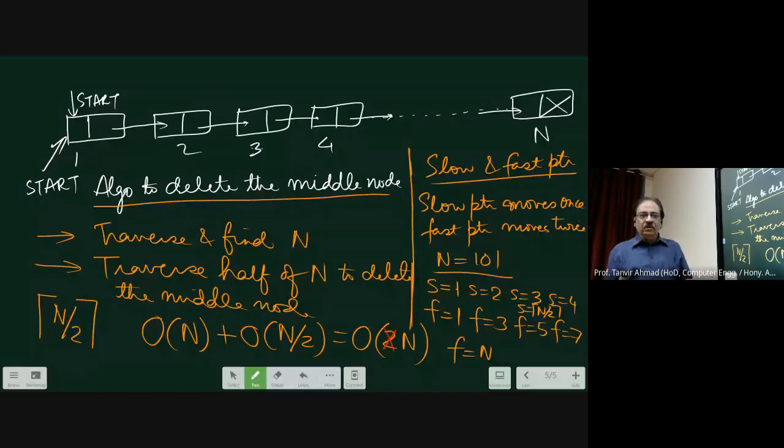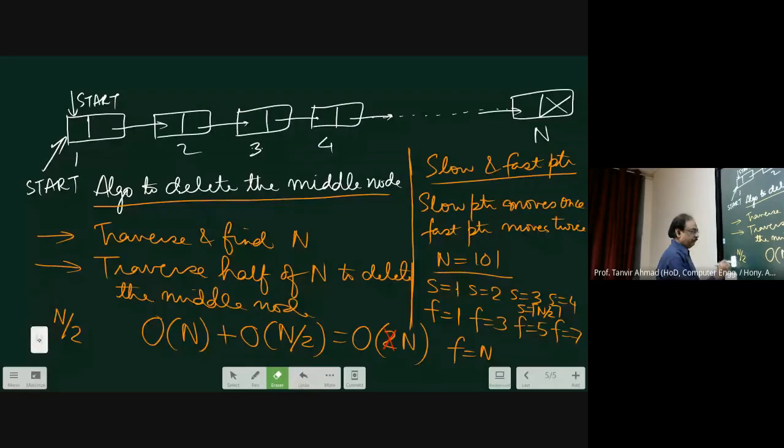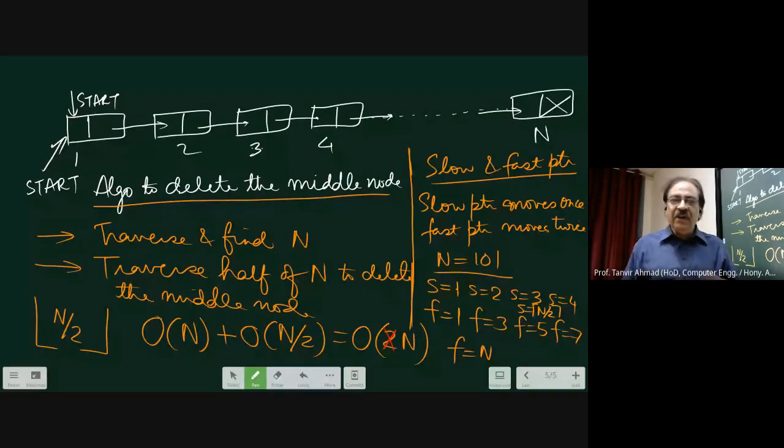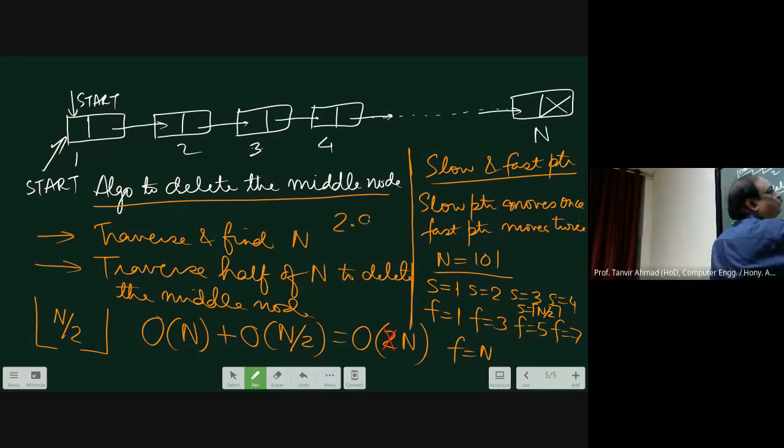Floor means you take the other way. Take the floor. That means if I am going to take the floor, 2.5 will be converted to 2. 2.9 will also be converted to 2 only. Now don't take it as round off. If I take, what is the value of this?